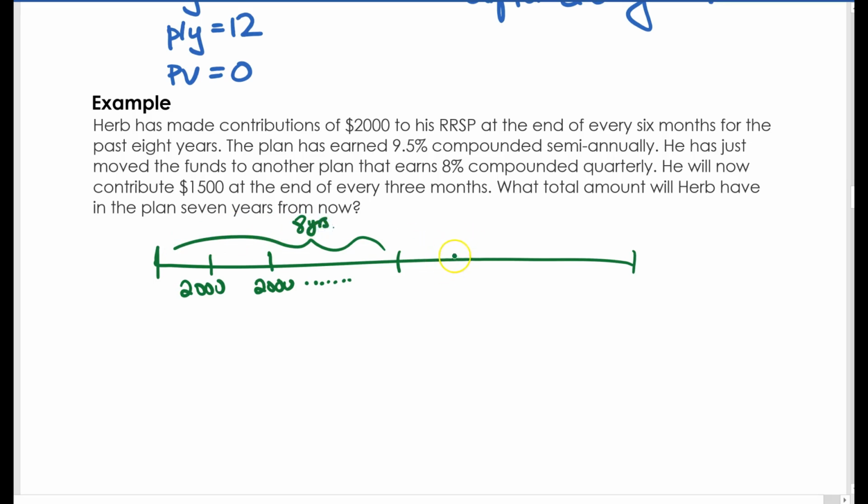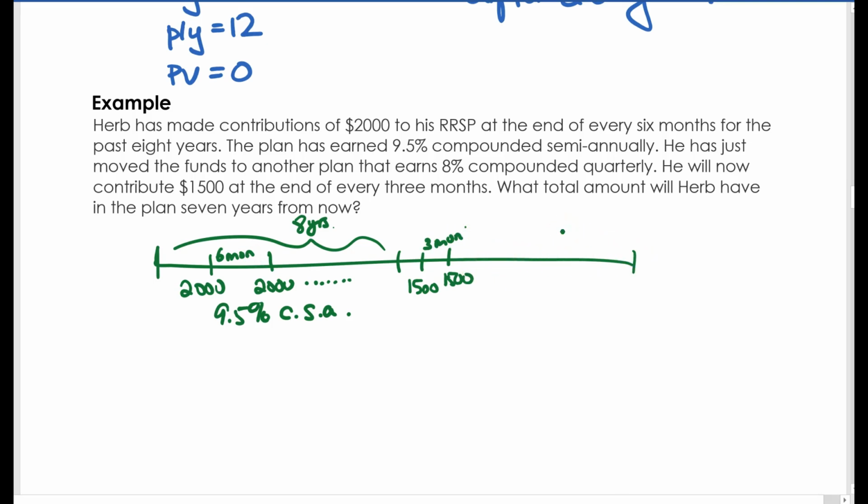And then he gets 9.5% compounded semi-annually. And then he's going to now start putting in $1,500 every 3 months. So this interval is 6 months, and this interval is 3 months.